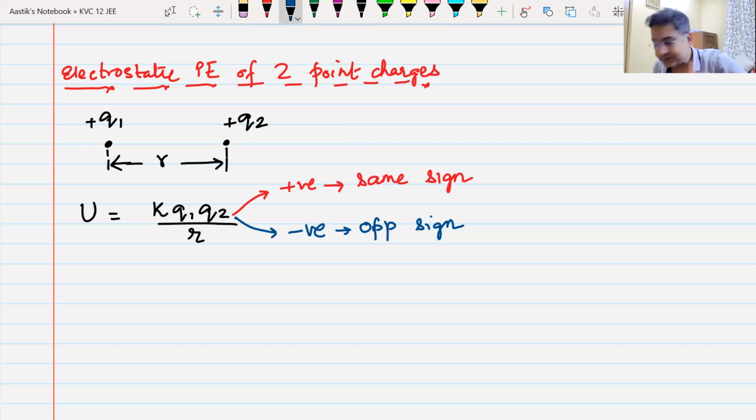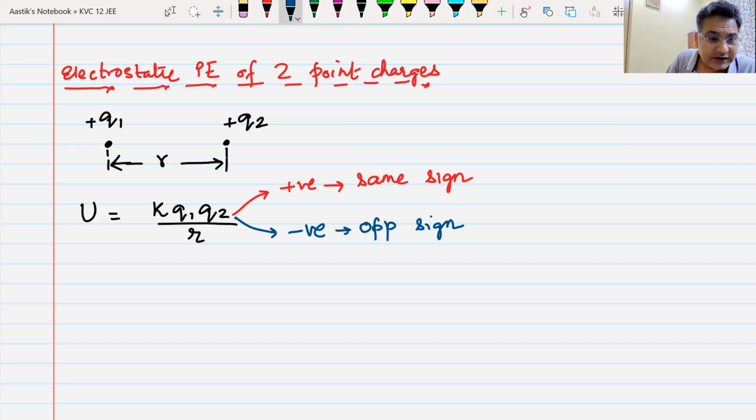So far, so good. Now, if you have more than 2-point charges, then how will you find out the electrostatic potential energy of that system? This type of energy is known as electrostatic interaction energy.